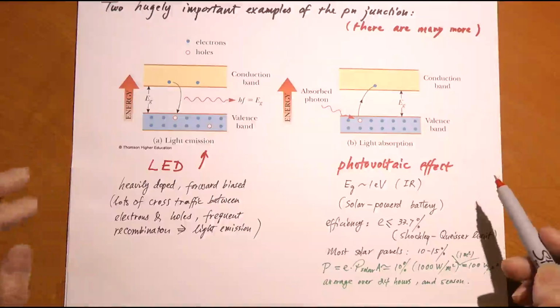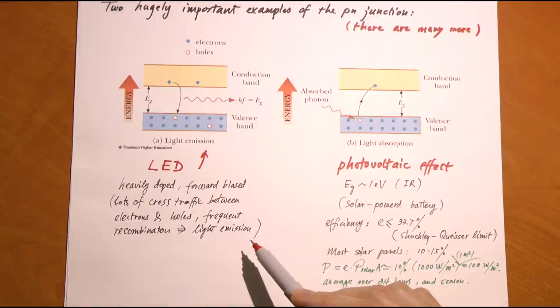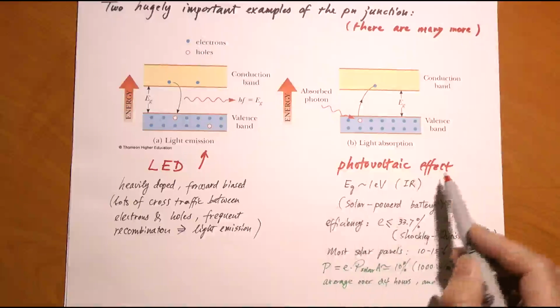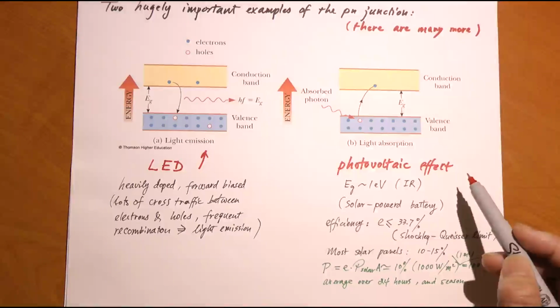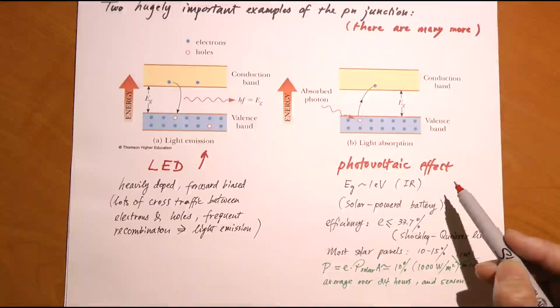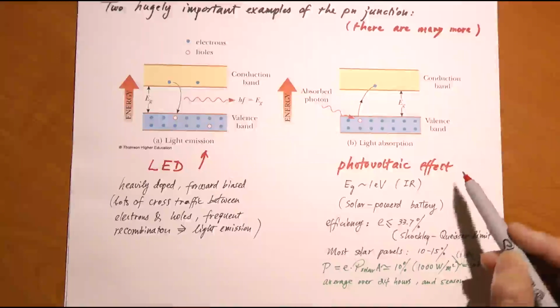Now we know how important LED technology is, and its application is only beginning to pick up, and photovoltaic cells are also extremely important. We can calculate the theoretical efficiency of a PN junction used as a photovoltaic cell, photocell.